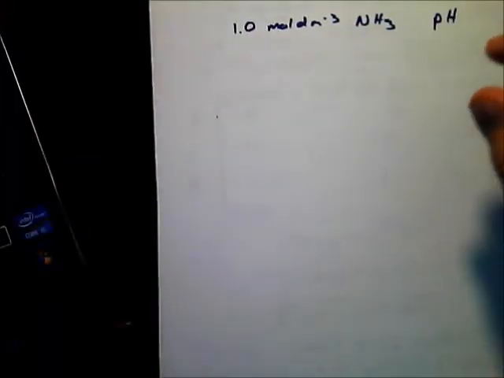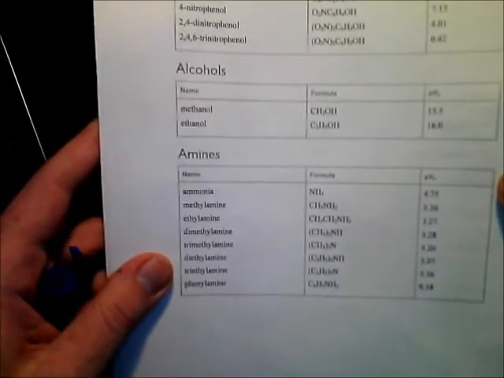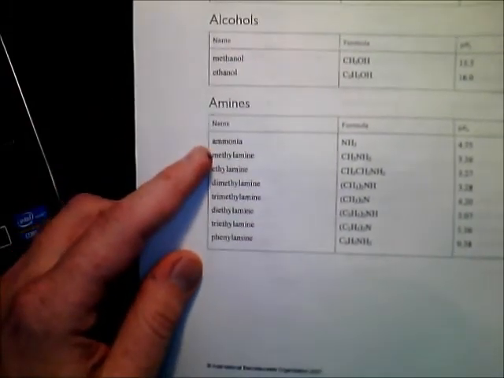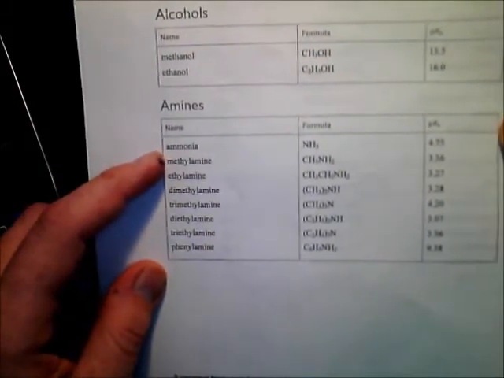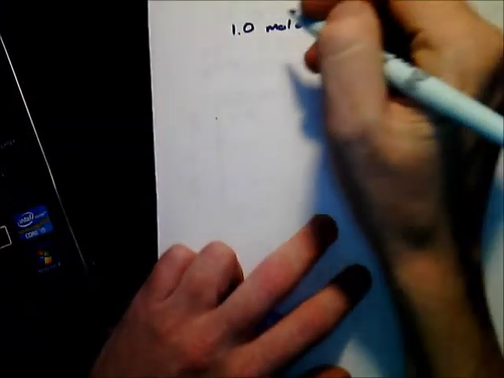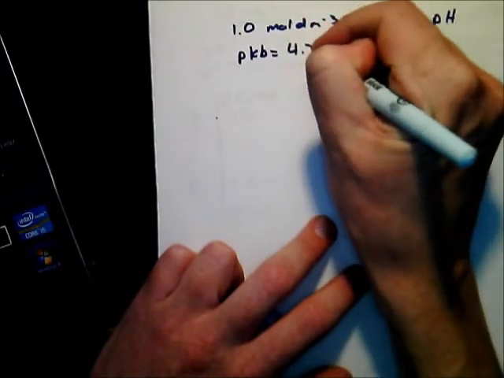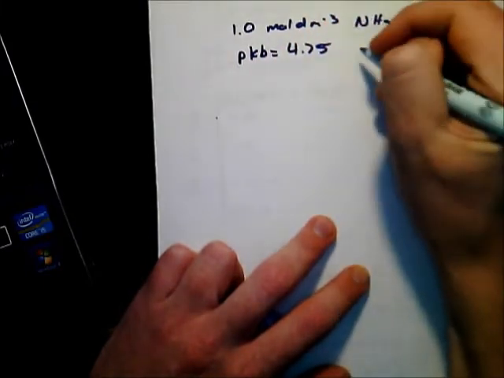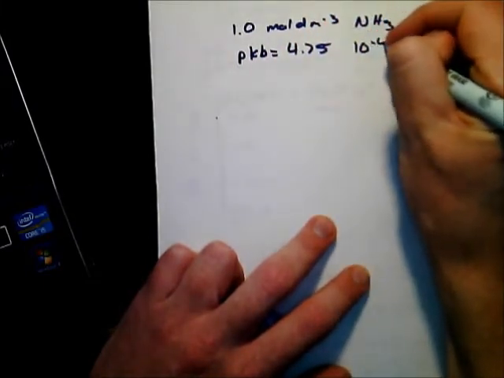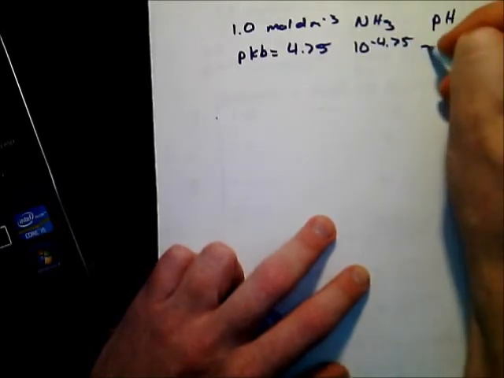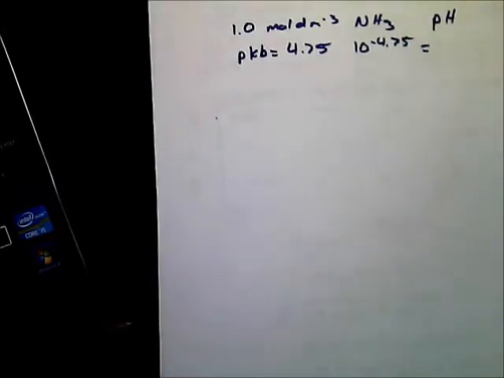We're going to need to know its pKb value, which is actually listed right there. Its pKb is 4.75. I'm going to turn that into a Kb by going 10 to the negative 4.75 power, because it's the Kb that we're going to need in the end.